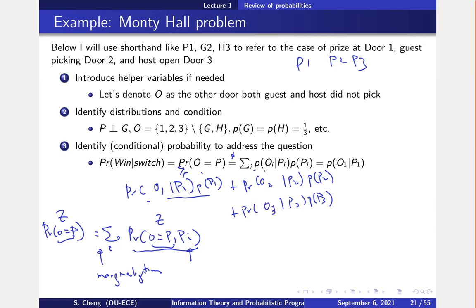So basically we get this. And now note that I have all this uniform, PP3 is 1/3. So I can put 1/3 out.